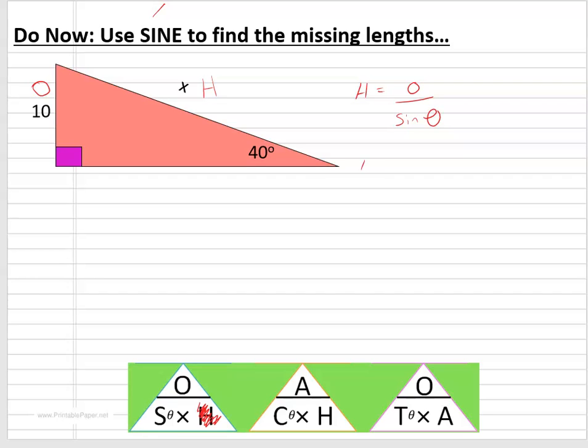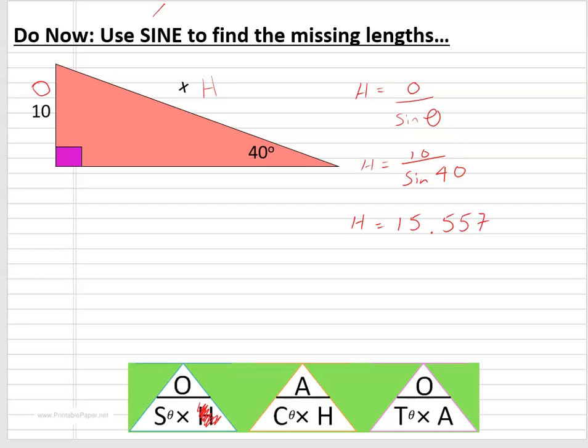Let's put in the values we have now. So h equals 10 divided by sine 40. I'm just going to enter that on the calculator. That gives me h as 15.557.